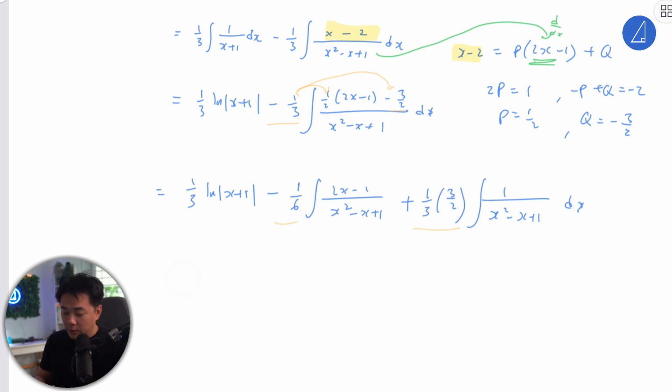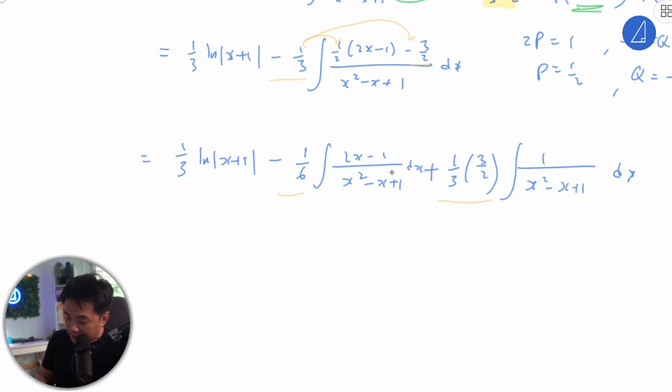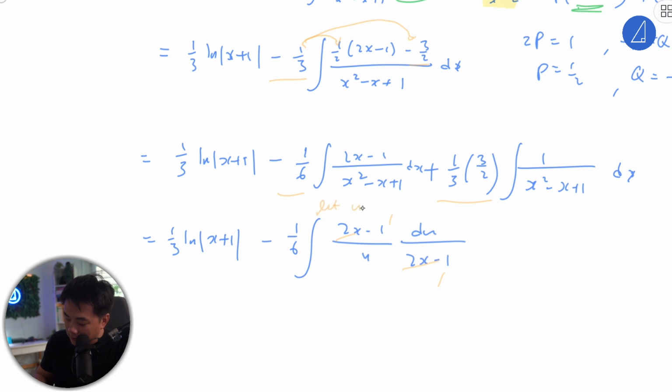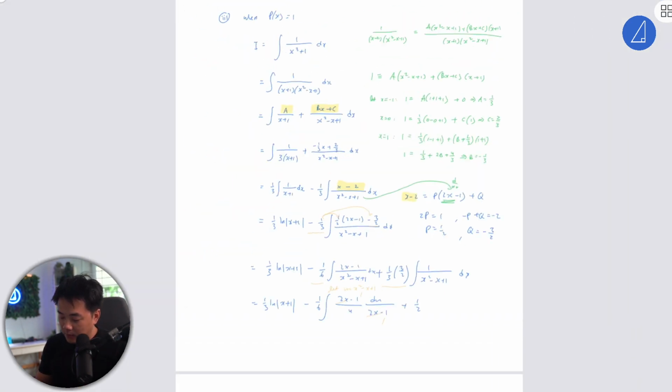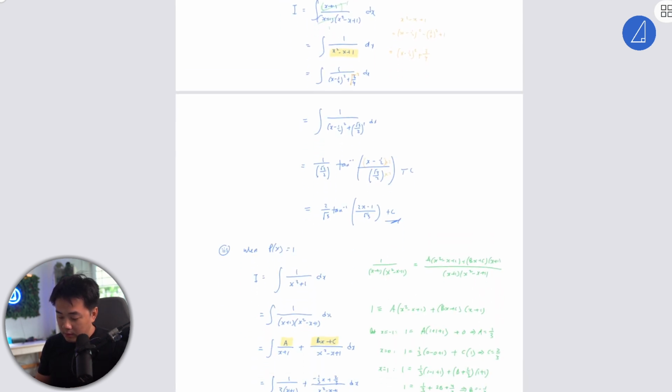Okay, so then this will be our cancelling method, du dx. Plus 1, 2x minus 1 over u du. So your u is this bottom guy, so you just cancel this out. This is ln u, obviously. So let u equal x squared minus x plus 1. Then this will be half. Then this we just copy from previously, which is actually just 2/3.